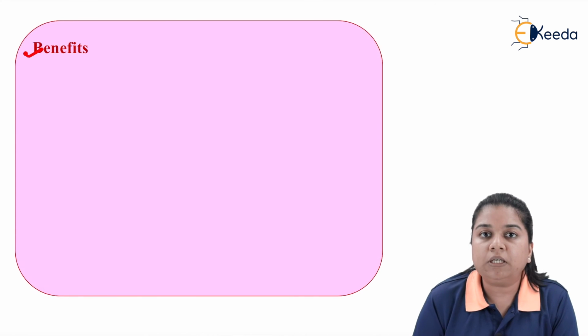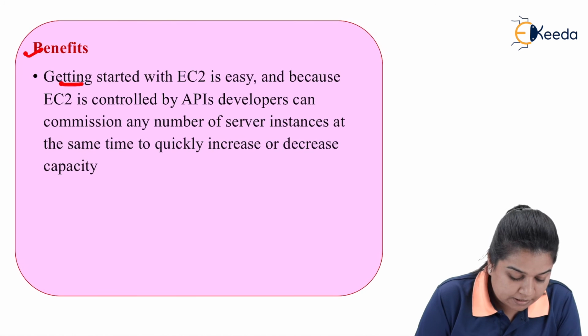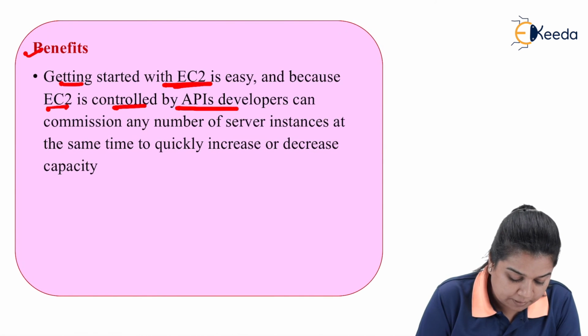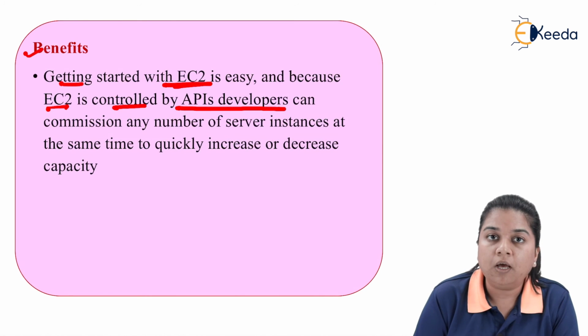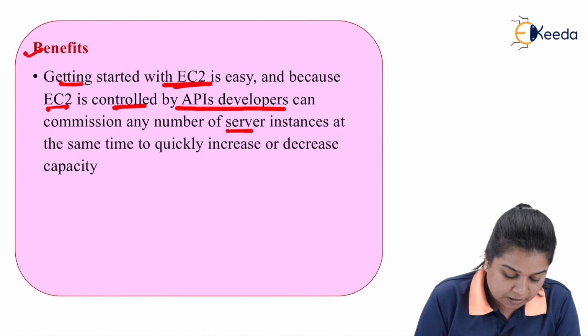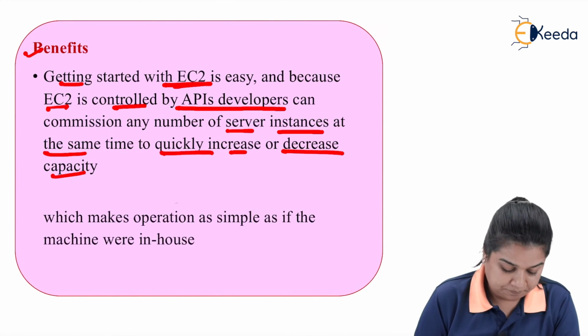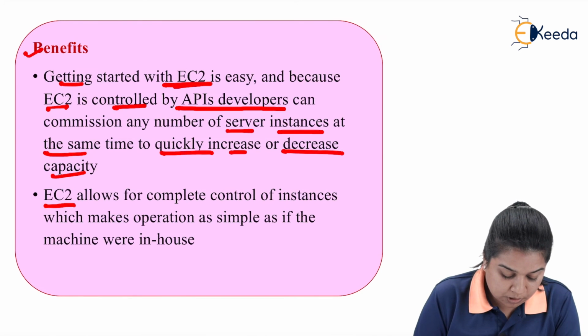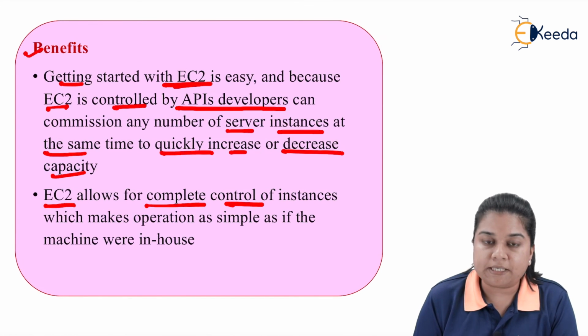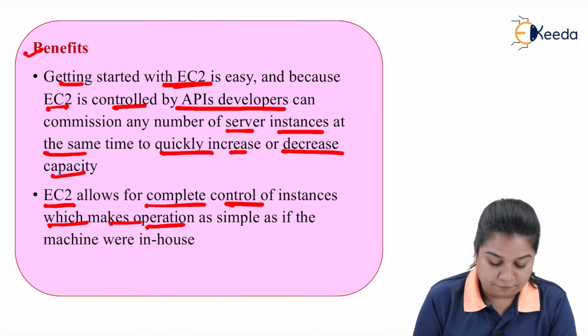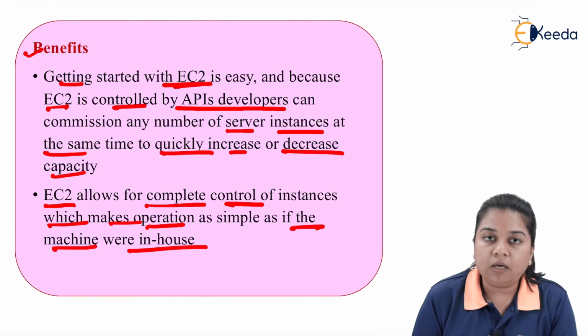Benefits of Amazon EC2. Getting started with EC2 is easy, and because EC2 is controlled by APIs, developers can commission any number of server instances at the same time to quickly increase or decrease capacity. EC2 allows for complete control of instances, which makes operation as simple as if the machine were in-house.